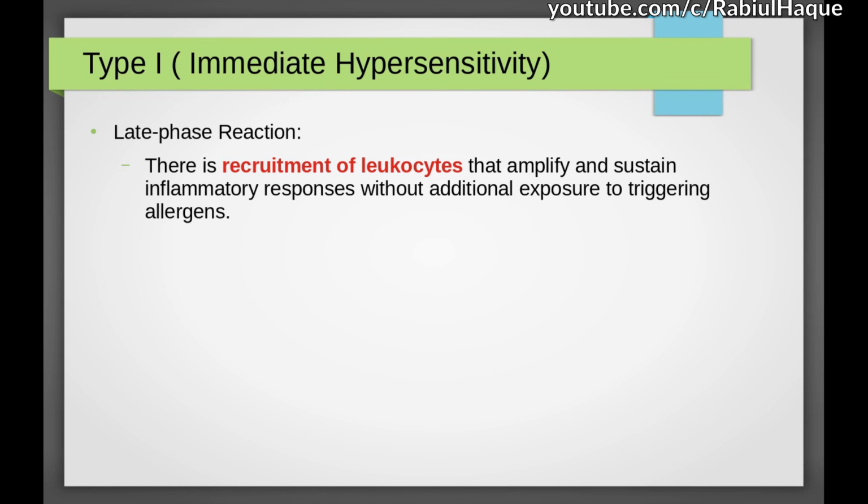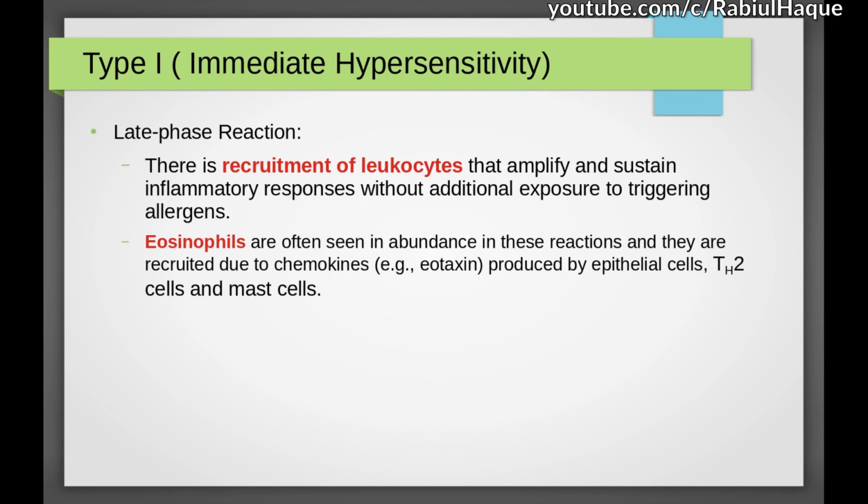Eosinophils are often seen in abundance during these reactions, and they are recruited due to chemokines like eotaxins that were produced by epithelial cells, T helper 2 cells, and mast cells.